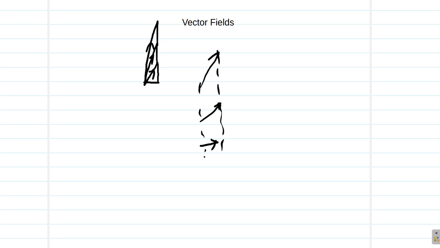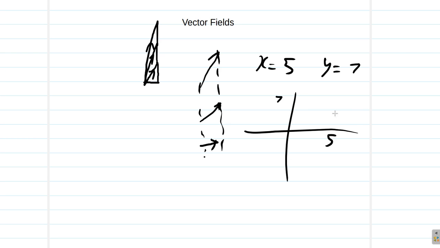So, when x is equal to 5 and y is equal to 7, then at 5, 7, the vector that you draw must be 5 to the left, 7 up. So the vector would look like this, right?